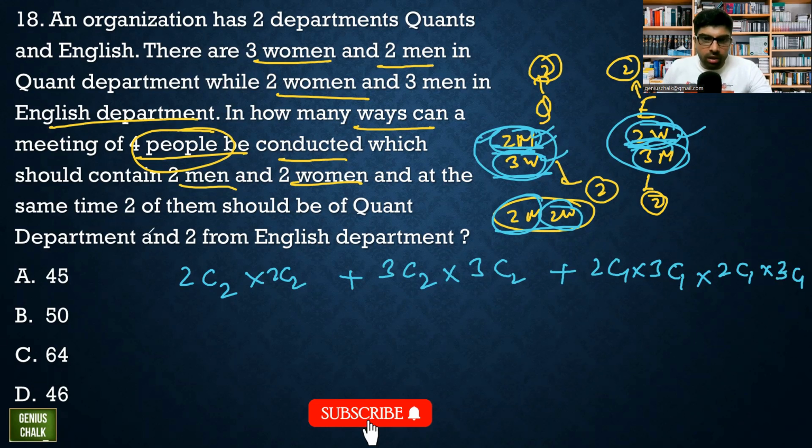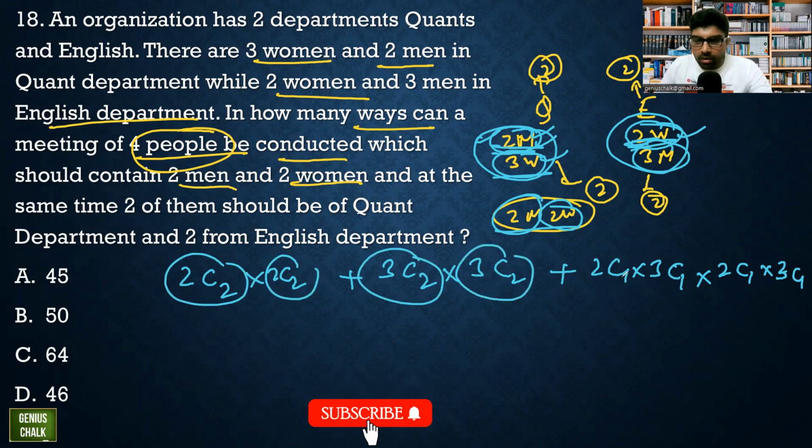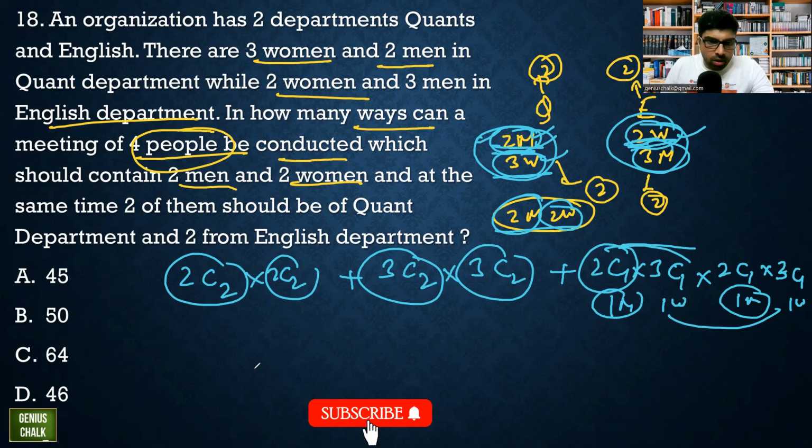So the requirement is here 2 men, 2 women, 2 men, 2 women, and here 1 man, 1 woman, 1 man, 1 woman. The total are 2 men and 2 women, and 2 from each, Quant as well as reasoning. So you know that NCN is 1, NCN is 1.